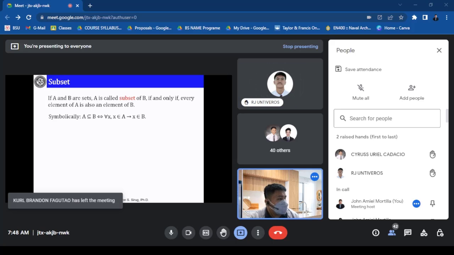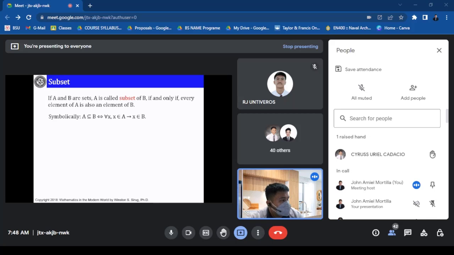Okay, symbolically, so A is a subset of B. Then yung dalawang arrow na magkabila is if and only if. Tapos, yung A na baliktad is, tawag dito. Check natin. Paki-remind nga sa akin, ano tong symbol na tong A na baliktad?